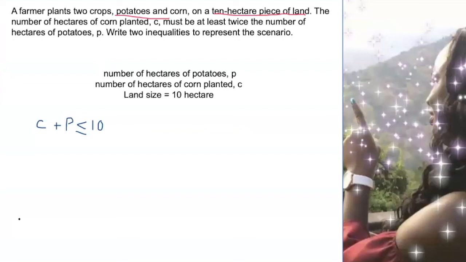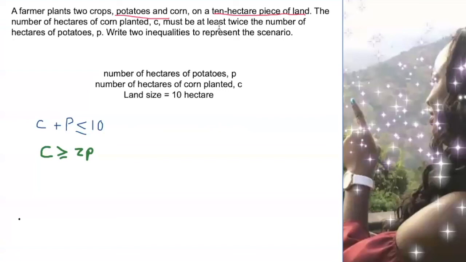So if I'm going to represent this, it is saying that the corn planted might be twice the number of hectares of potatoes that are planted, or it can be more. But we have to have equal to, because of the words that they say, must be at least.